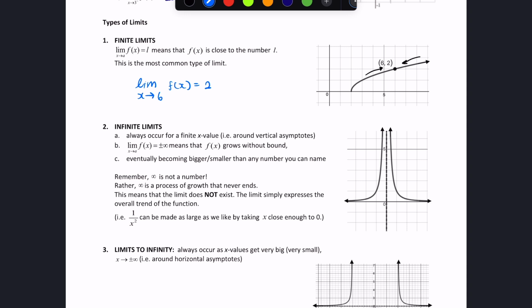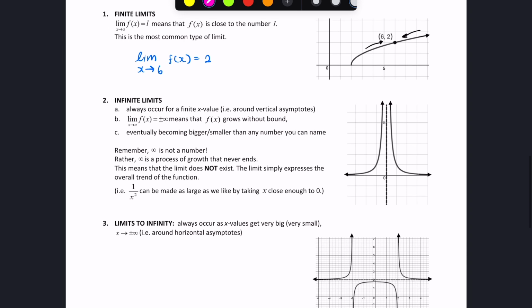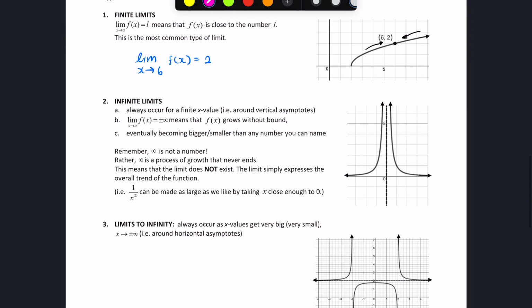So infinite limits always occur for a finite x value, which means that it's around, for example, a vertical asymptote. Sorry, just around vertical asymptotes here.